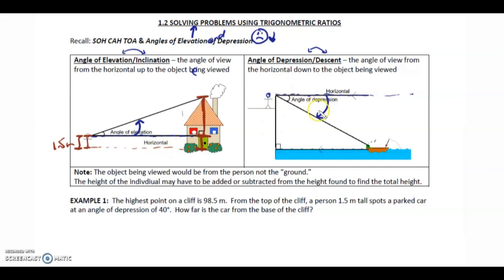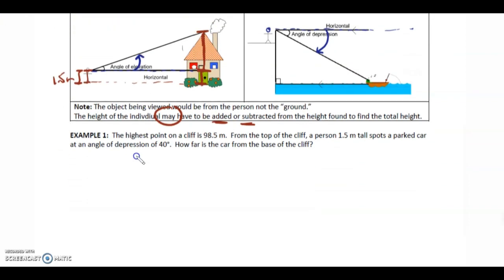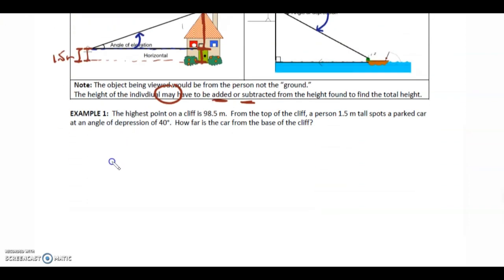Okay, and then vice versa. So the height of the individual may have to be added or subtracted from the height found to find the total height. And remember, this is maybe. We have to read the question to actually understand. Okay, so let's go ahead and focus on how we draw these questions, the situations.